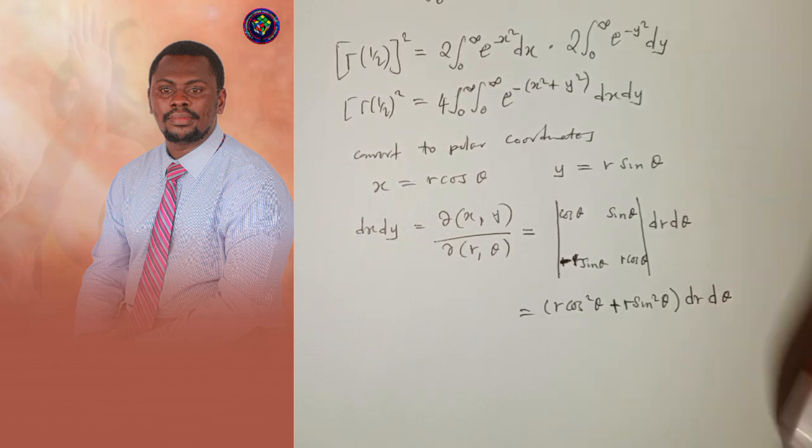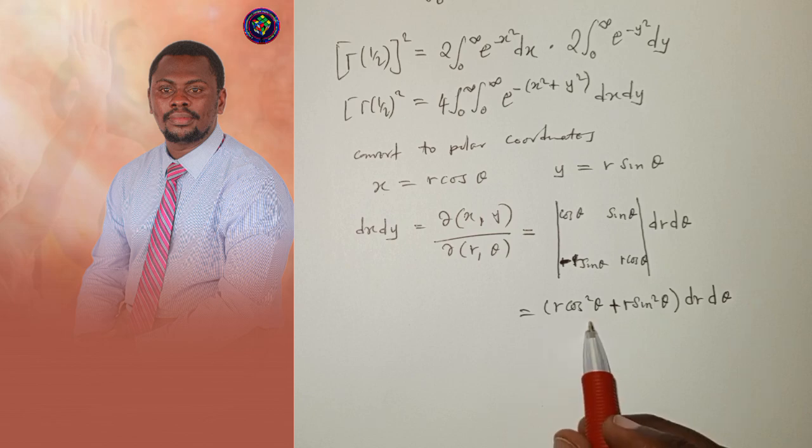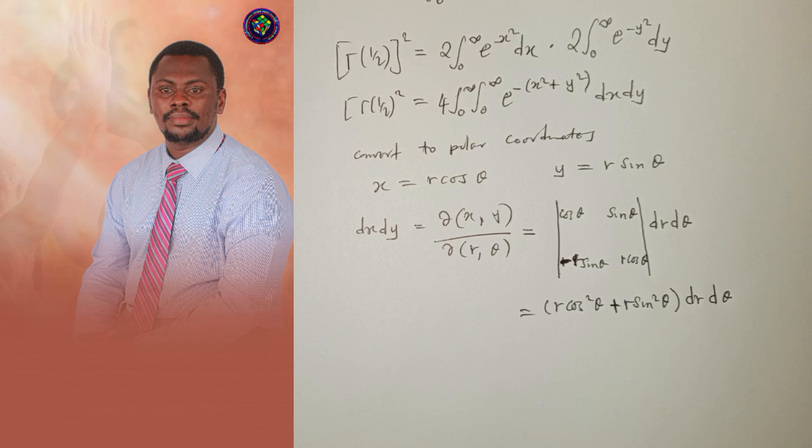We can divide out r here, so in the brackets we have cos squared theta plus sin squared theta, and we know that cos squared theta plus sin squared theta gives us 1.